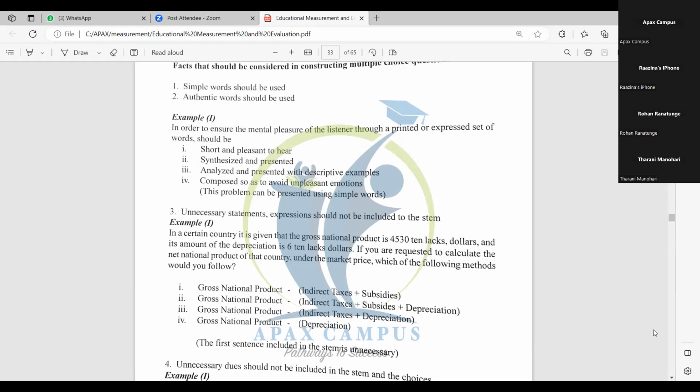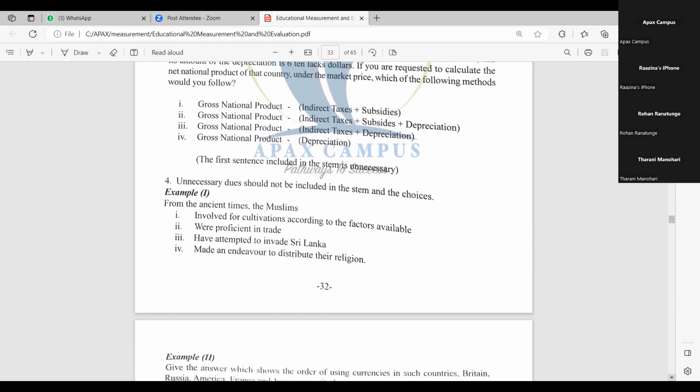If you include things like that, you will be spending a lot of paper, time, and energy. And even the students, when they sit the exam, might be reading unnecessary information. So that kills their time.